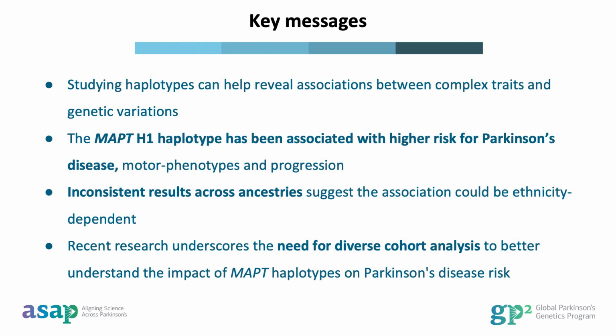However, inconsistent results across ancestries suggest that the association could be ethnicity dependent. Recent research highlights the need for cohort and diverse population analysis to improve our understanding of the impact of MAPT gene haplotypes on Parkinson's disease risk, given notable differences in the genetic architecture of this locus among diverse populations.